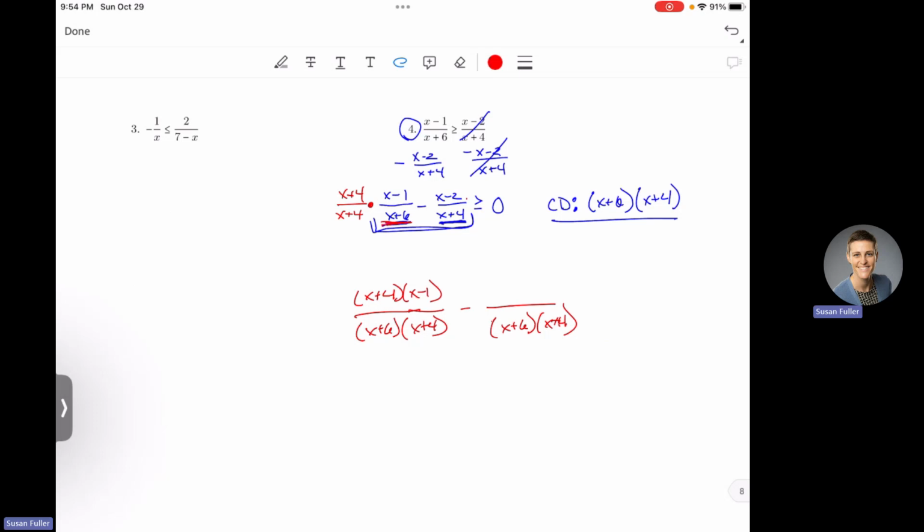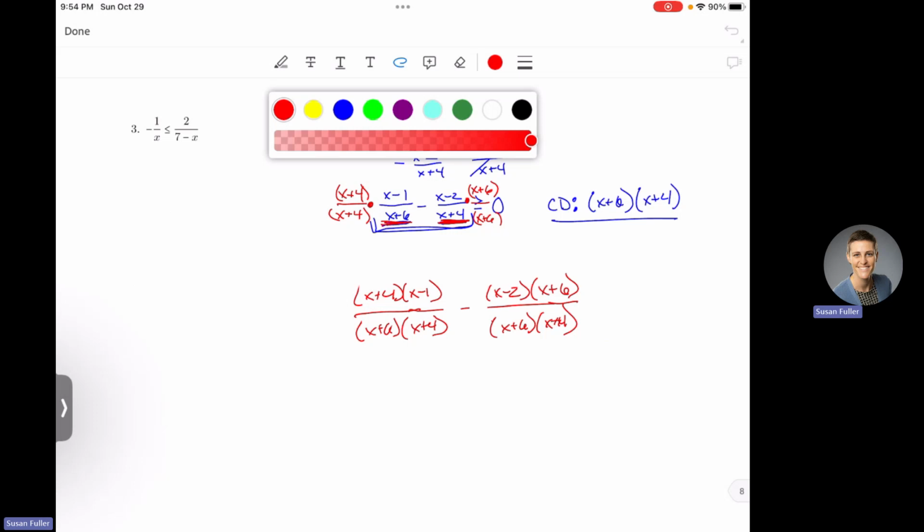And then over here, what do I need to multiply by to get to my common denominator from where I'm at? This one's missing an x plus 6, so I'm going to multiply top and bottom here by x plus 6. And so when I multiply, I get x minus 2 times x plus 6 up here, and my common denominator on the bottom.